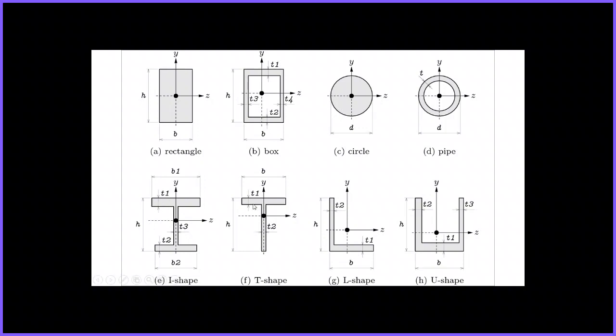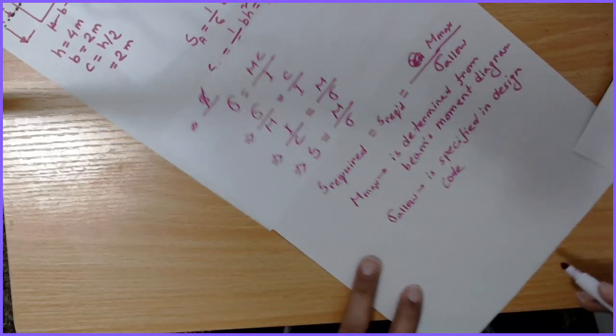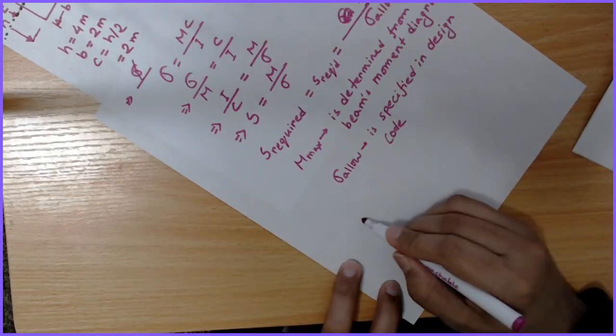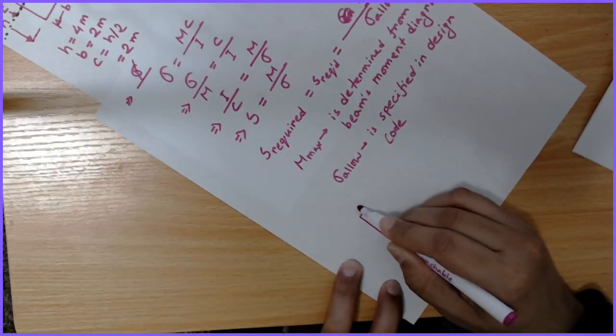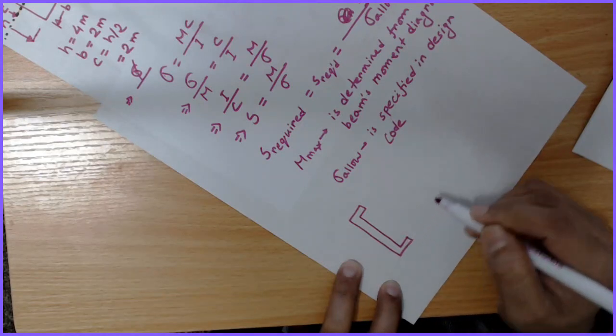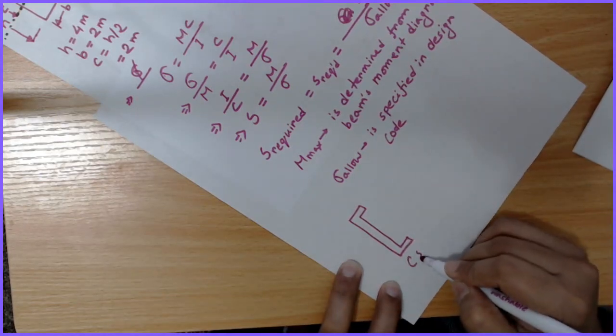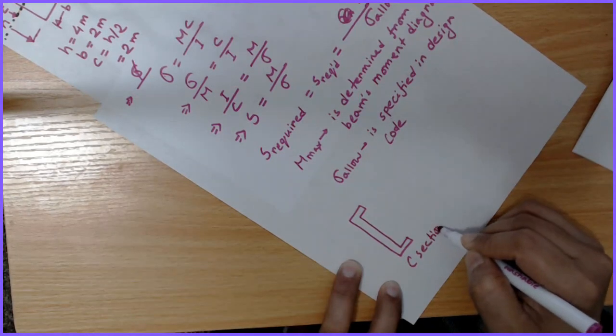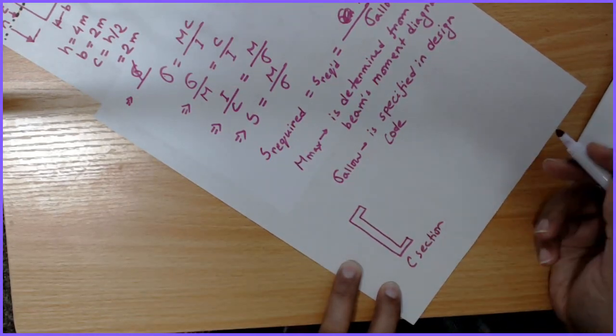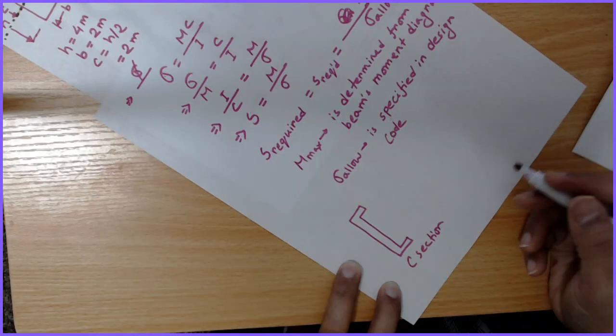This is called T shape, this is L shape, U shape. The U shape is also known as channel, L shape is also known as angle. There is one more very popular section, called C section.